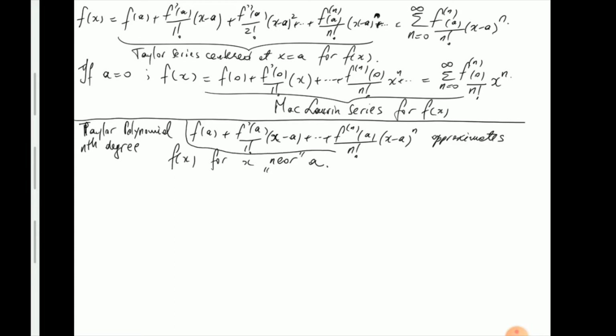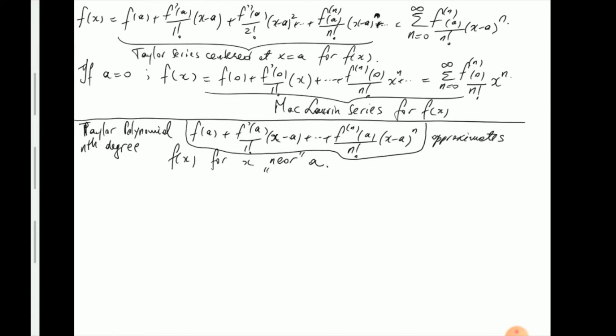As you might guess, the more terms you add in these polynomials, the better your approximation is. This is an extremely important and useful application of Taylor series. One of the major applications, which you will see playing a role, for example, in the analysis of differential equations, is the so-called linearization. Sometimes the function is so difficult that it will be useful to approximate it by a linear term, or maybe a quadratic term, which is harder than a linear term but still maybe easier than the function itself.